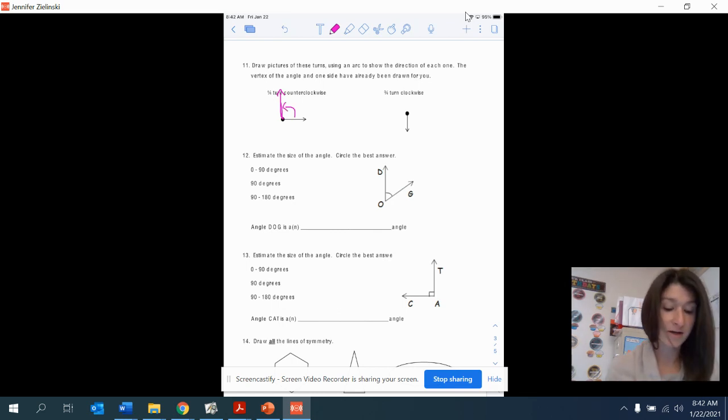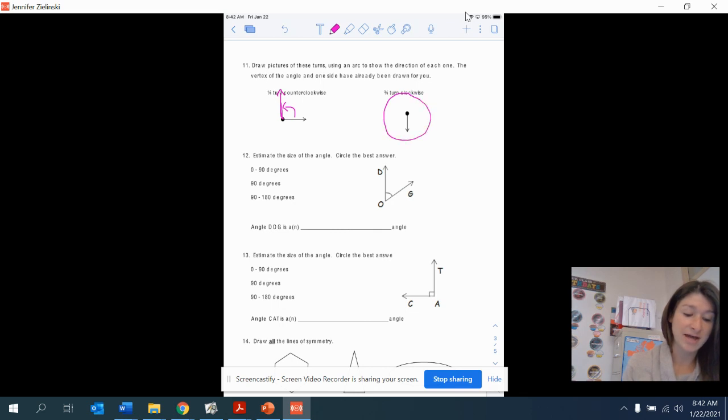Okay. If I go here to my 3/4 turn clockwise, well, I'm starting here, like I'm pointing down to 6 o'clock, and I have to go clockwise. So I'm needing to go to the right. So I know, again, if I have my imaginary circle here, and I have it in 4 parts, well, if I have my 3/4 of a turn, so 1/4, 2/4, 3/4, it would end here.